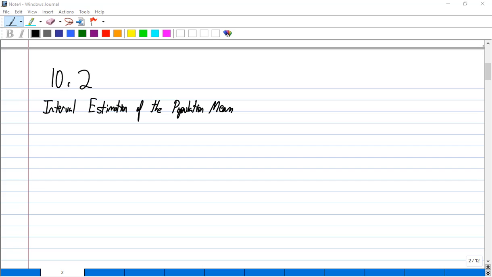All right? So the formula that we are going to use to form our confidence interval for the population mean, it's in your PowerPoint, but I'm going to write it down.